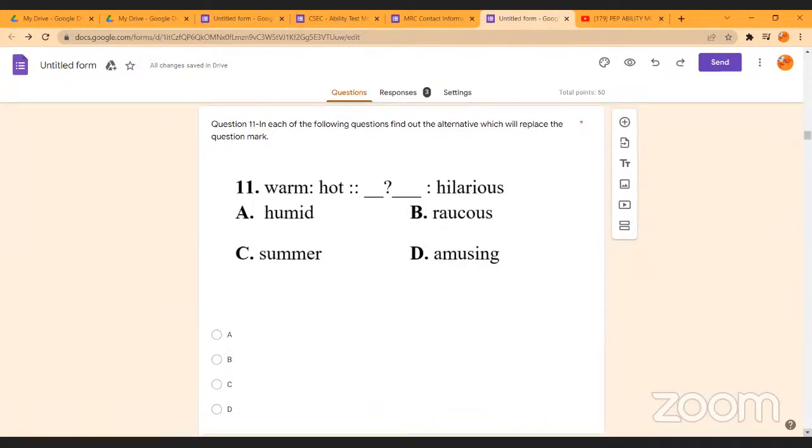In each of the following questions, find out the alternative which will replace the question mark. Warm is to hot, as dash is to hilarious. Miss, read the options.